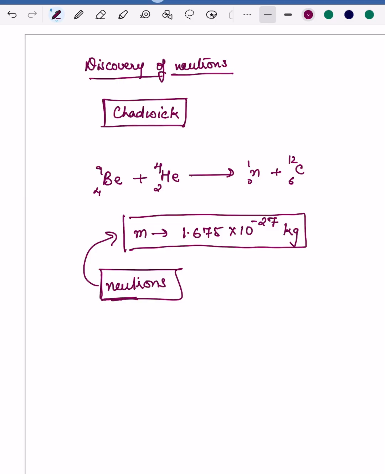In the anode ray experiment that was conducted, we came across the positively charged particles, that is the protons.